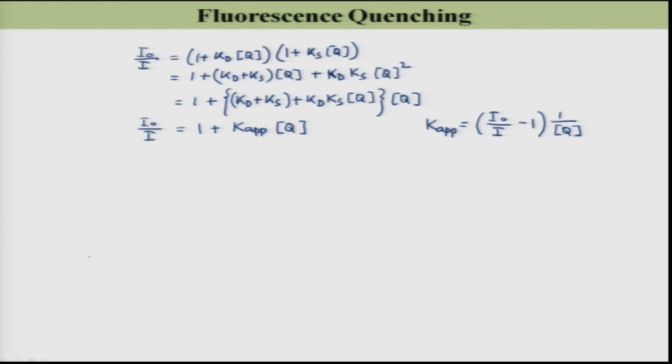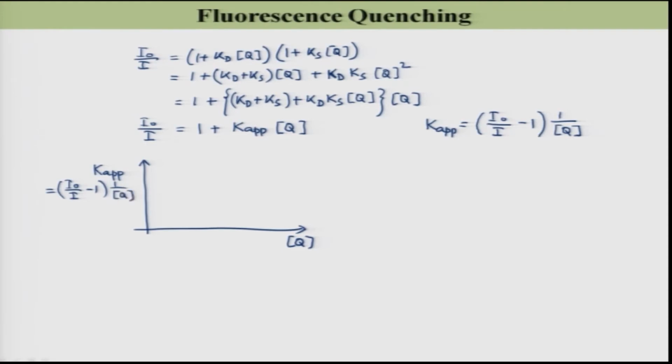So, now see, if I plot 1 over K apparent versus Q. What is K apparent? K apparent is I0 by I minus 1 into 1 over Q.